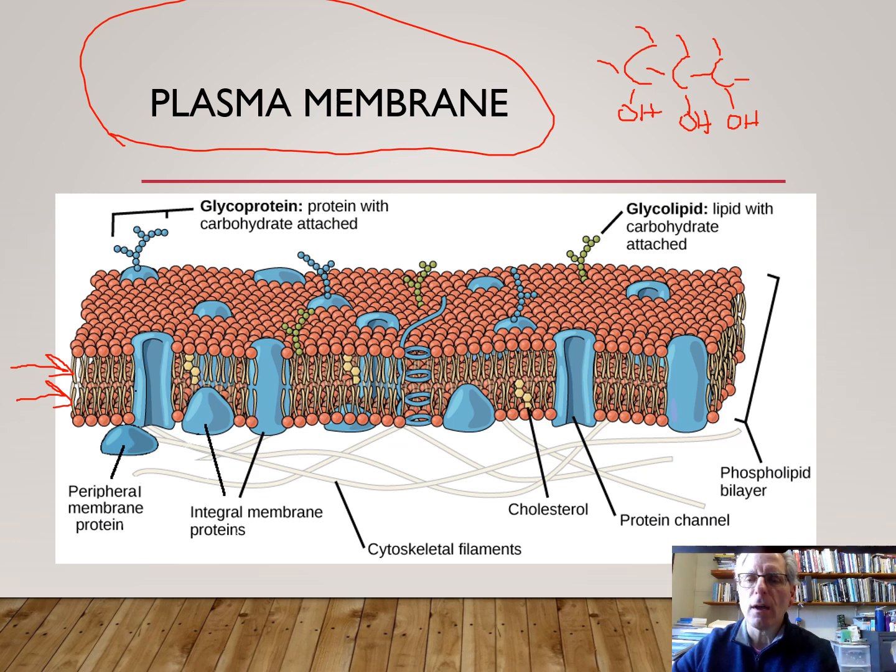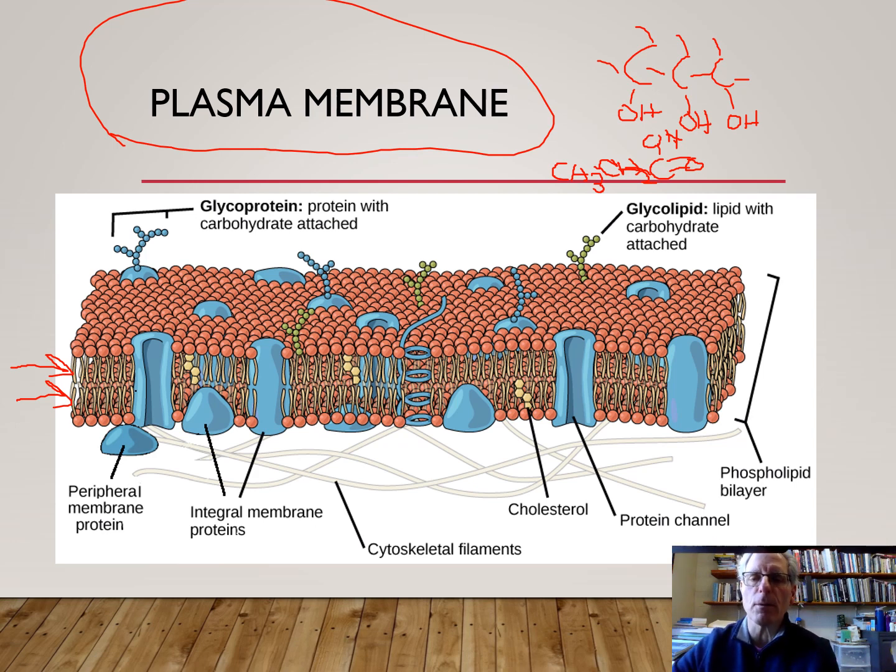Esterified to these 2 alcohol groups here are fatty acids. So fatty acids, you might remember from GLB, have a C double bond O. So there's a carboxylic acid group here, and then you have some sort of aliphatic chain here, which I'm just going to say CH2, and there's lots of these.